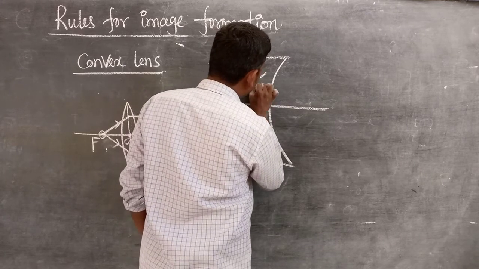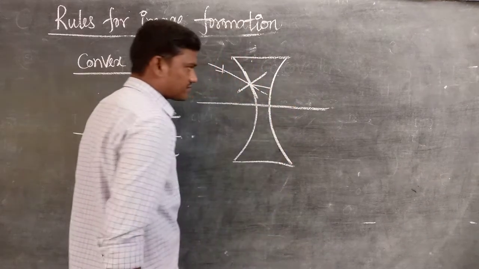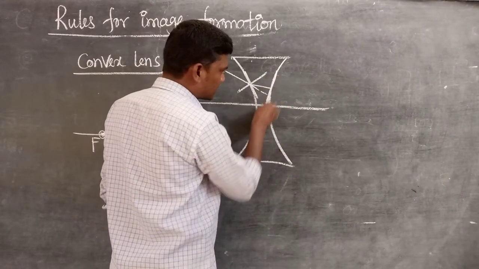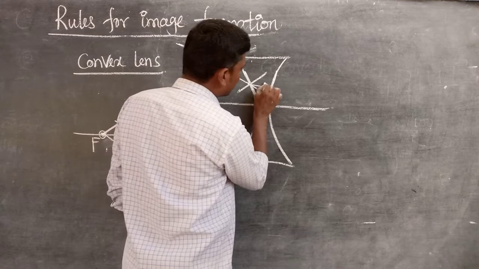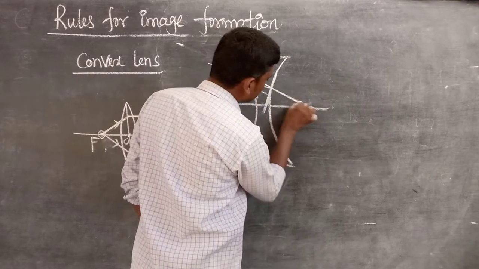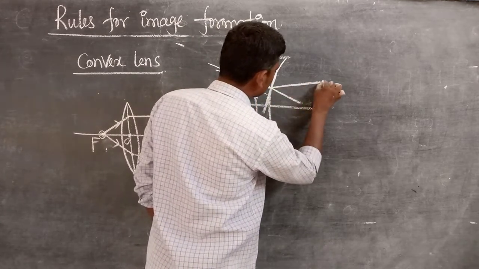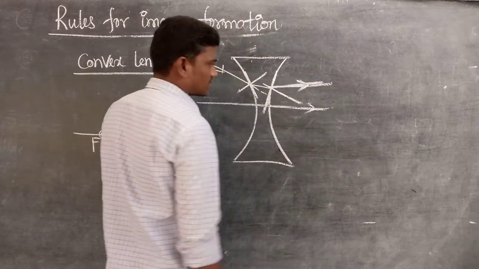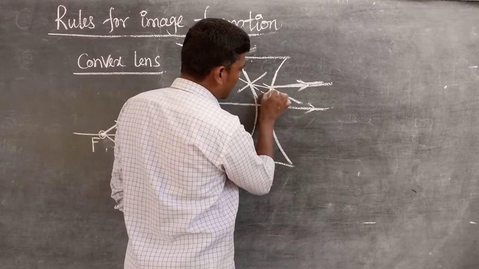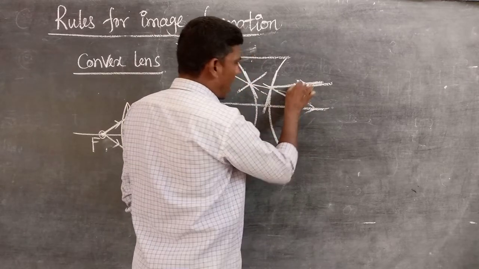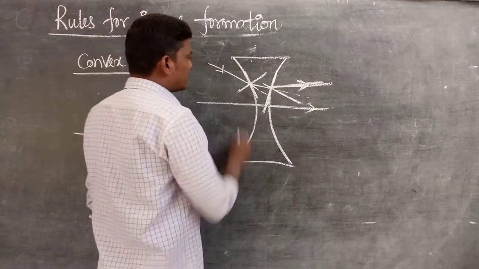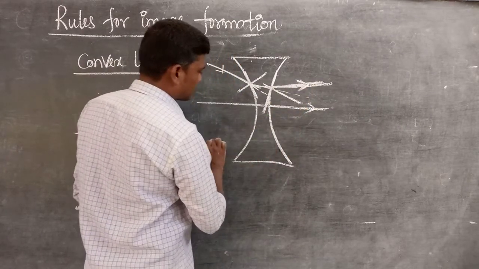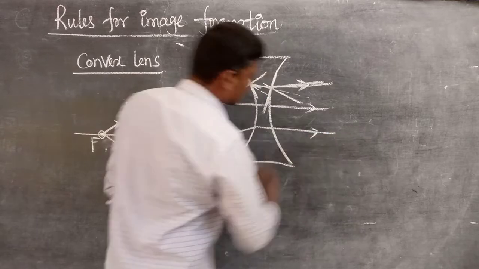Then it is bent like this. Next, for this one, we draw the normal. Then is it parallel or not? After the refraction, it is moved away from the normal. That's why you are observing it like this. It is also like this.